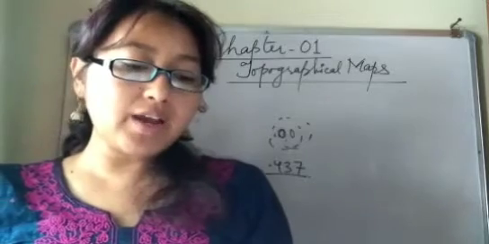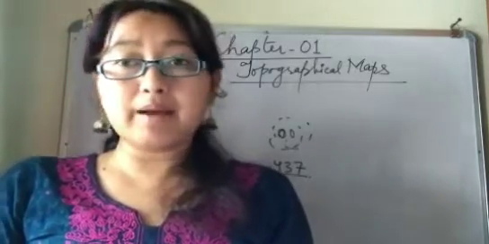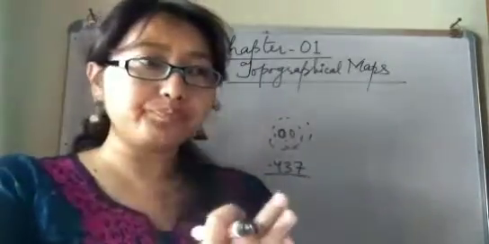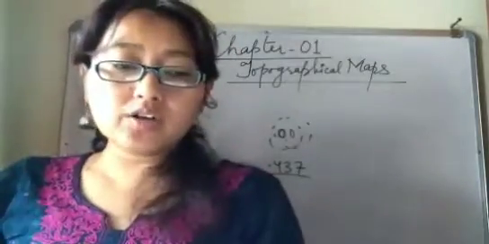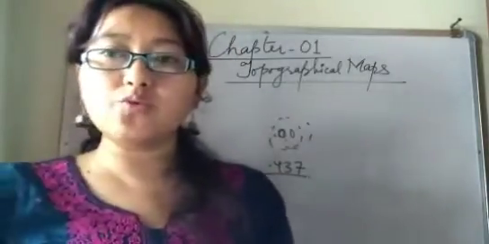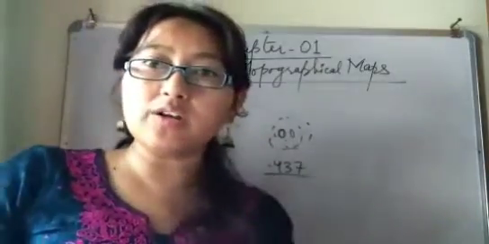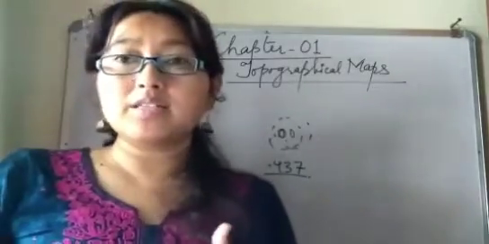Now next is find out the highest and the lowest point of the map extract, and also find their location on the map. Location on the map means you need to write in the south side or north of the map, or towards east, towards west, or towards the northwest quarter, northeast quarter, southeast quarter, or southwest quarter.